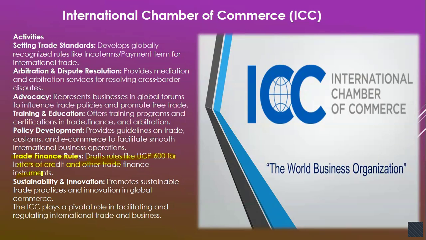These rules decide the very important and actual agreement between importer and exporter, related to payment and cargo, and other activities like goods dispatch and goods value, and what needs to be followed. All the clauses mentioned in the LC are provided by the Trade Finance Committee of the International Chamber of Commerce.